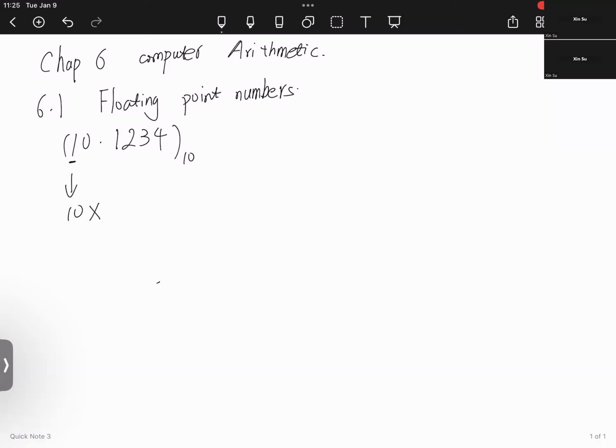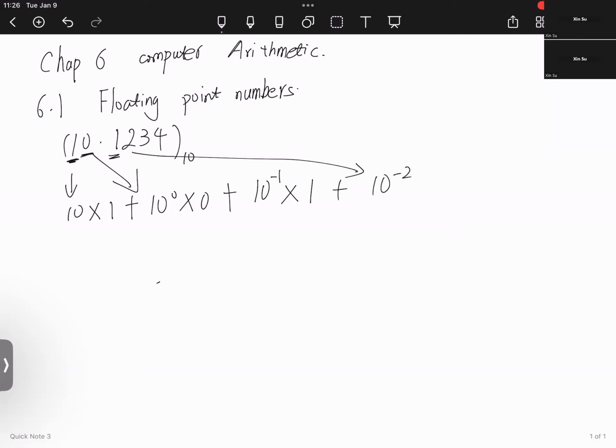10 to the power 1 times 1, and this is the digit here, and this is base 10, plus 0, the digit here, times 10 to the order of 0. Then for the first place after the decimal point, the digit is 1, and this is 10 to the negative 1, plus 10 to the negative 2 times 2, 10 to the negative 3 times 3, and 10 to the negative 4 times 4.